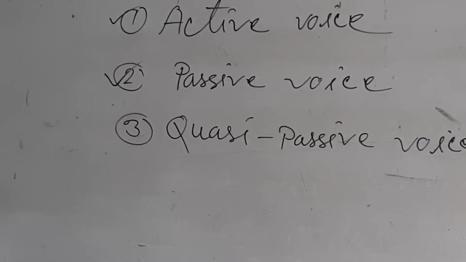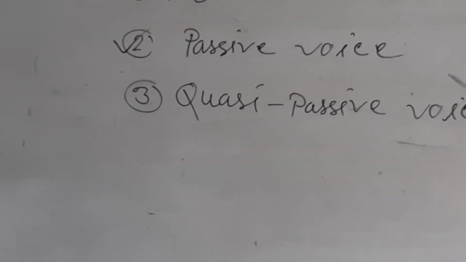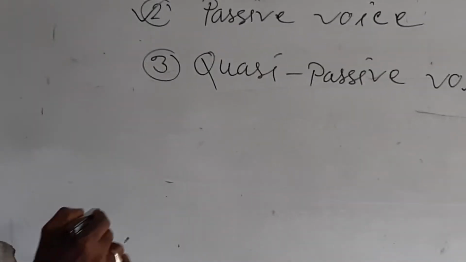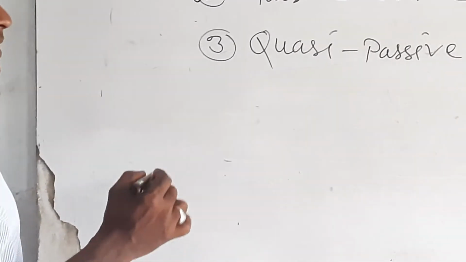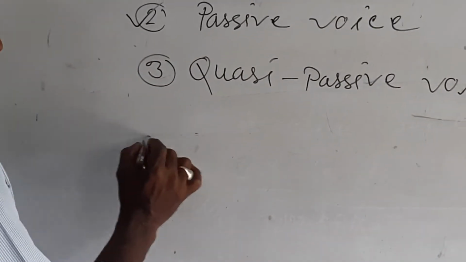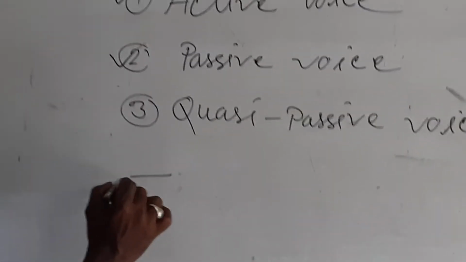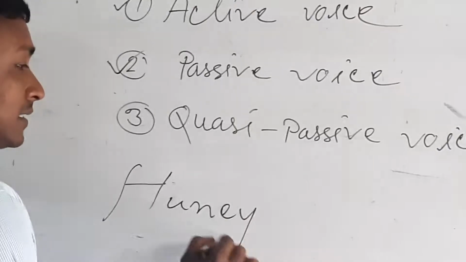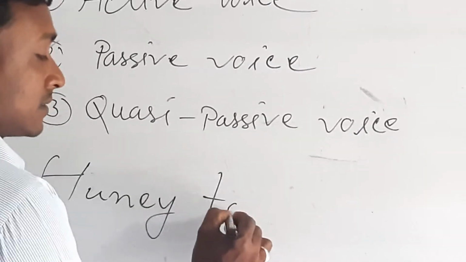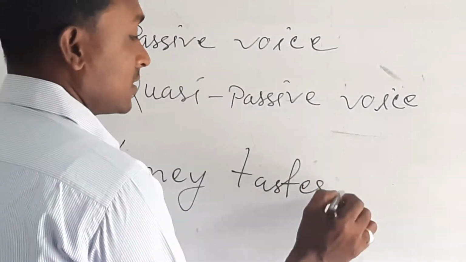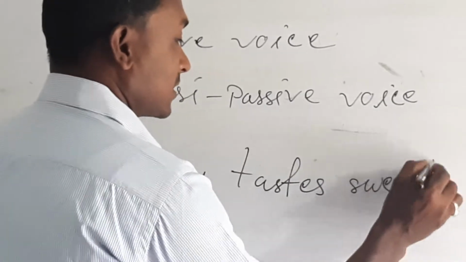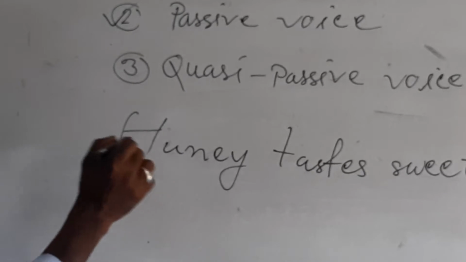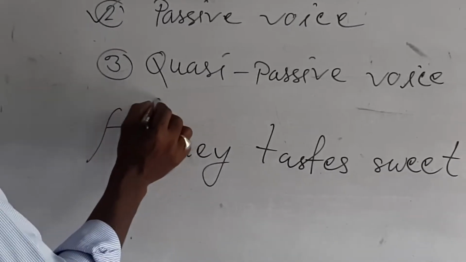There are two types of quasi-passive voice seen: verb with complement and verb without complement. Suppose, honey tastes sweet. This verb is with complement.